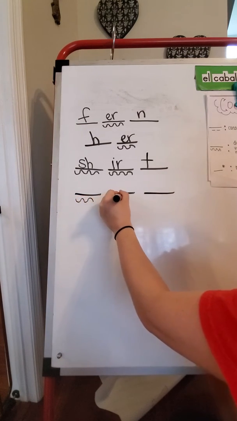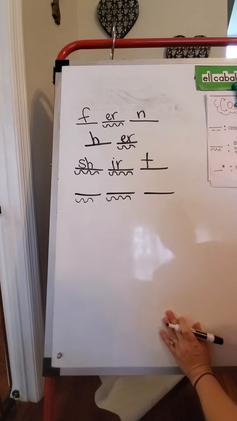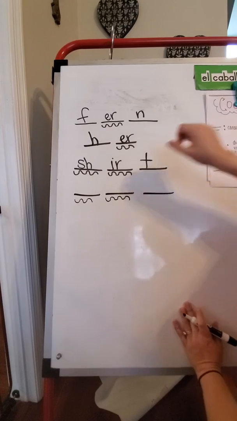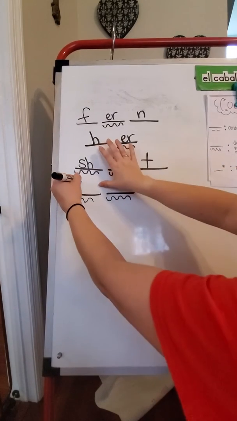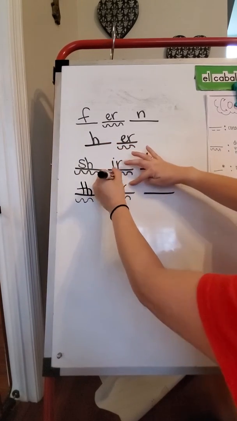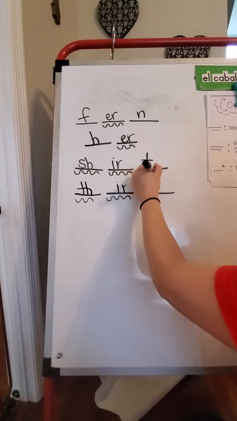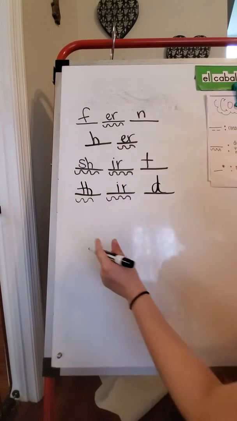A lot of squiggles. This word is third. Say the word. Third. Tap the word. D. Sorry. Third. Let's move into some UR words.